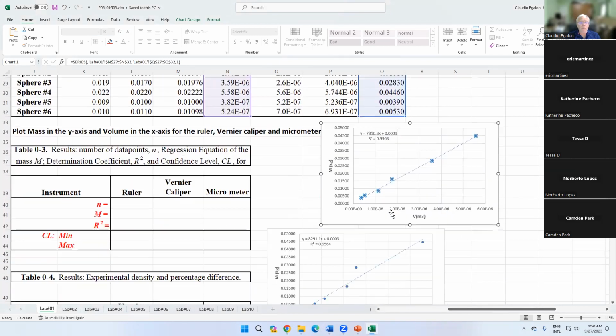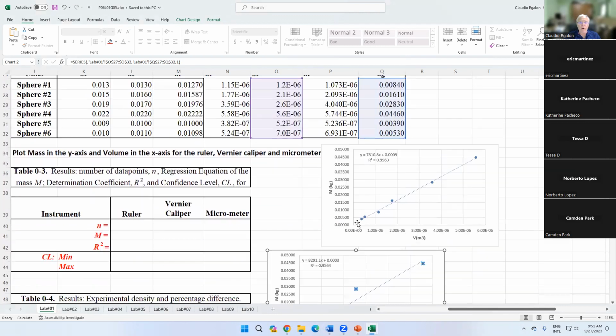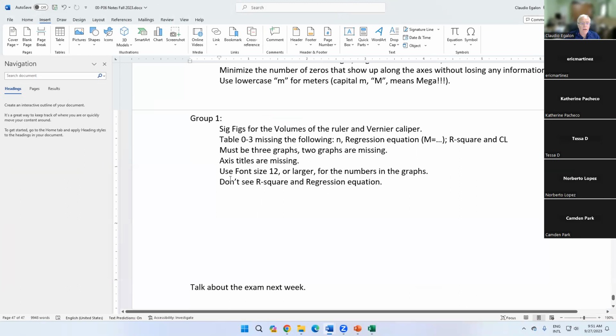So this one is for the ruler. This one is for the vernier caliper. Okay, the graph for the micrometer is missing.